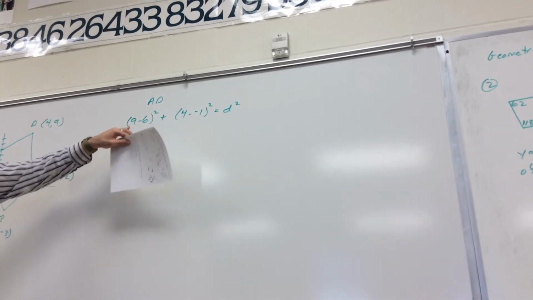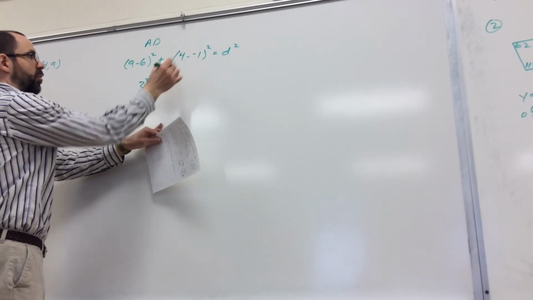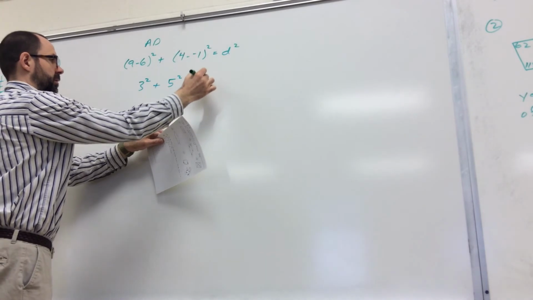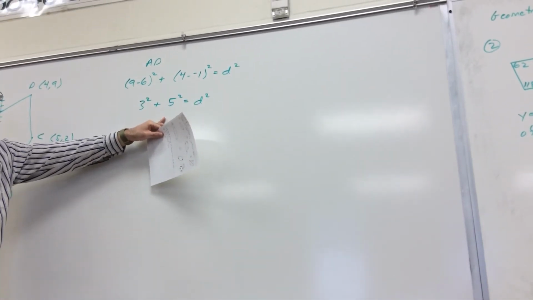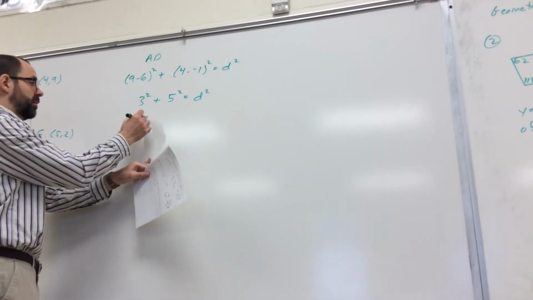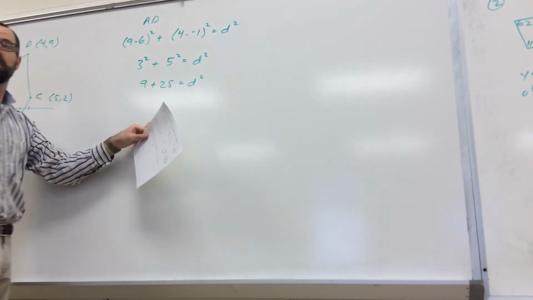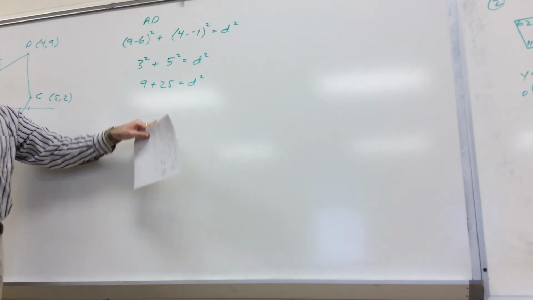So 9 minus 6 comes out to 3. 4 minus negative 1 comes out to 5. And 3 squared is 9. 5 squared is 25. 9 plus 25 is 34.